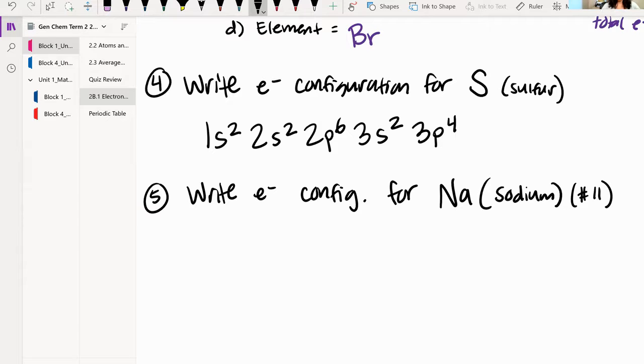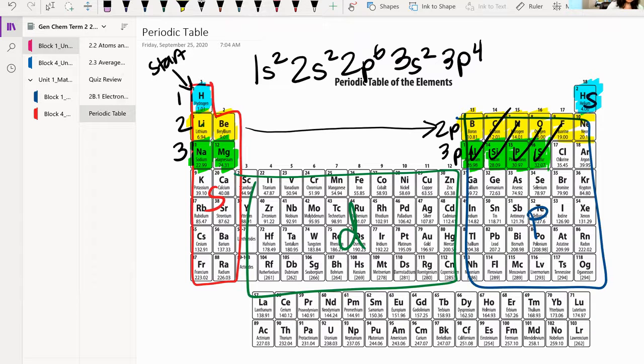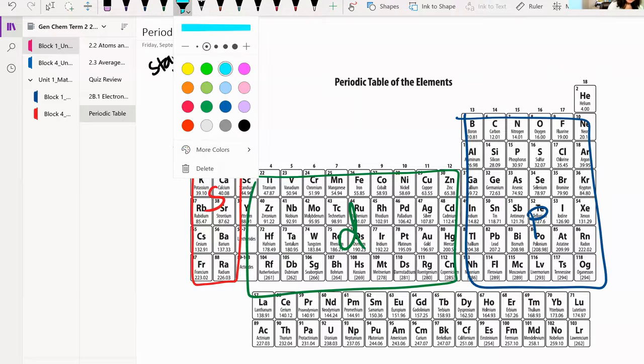So we're going to go through the same process. You start with number 1, hydrogen. It's in row 1. So that means that puts us here. We'll delete what I have. We'll go through the same process for sodium. All right, so we'll start there where hydrogen is.